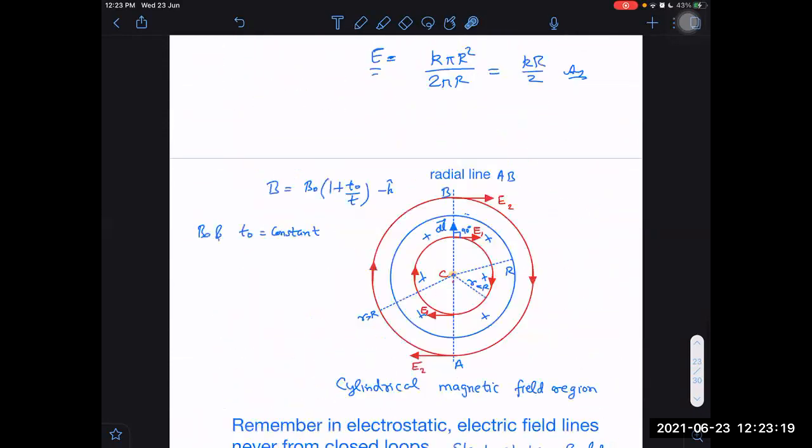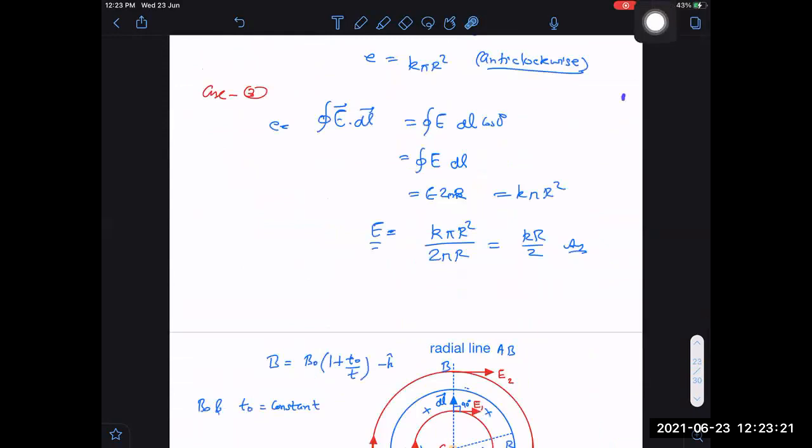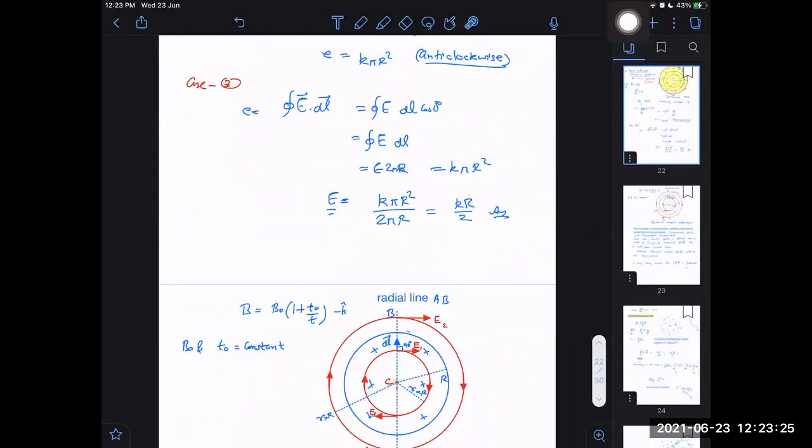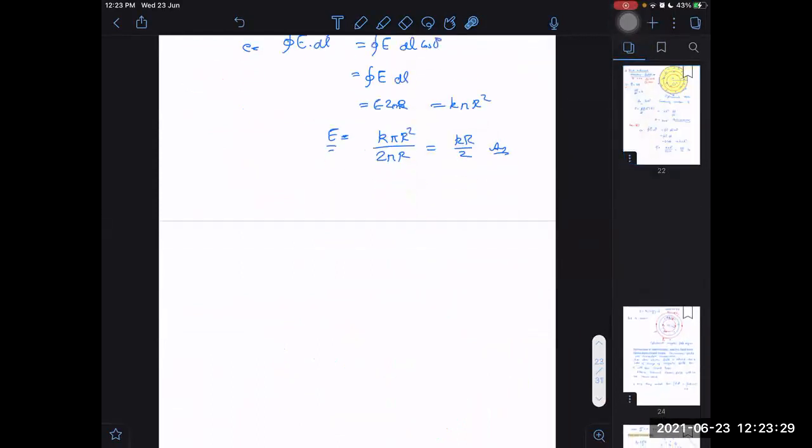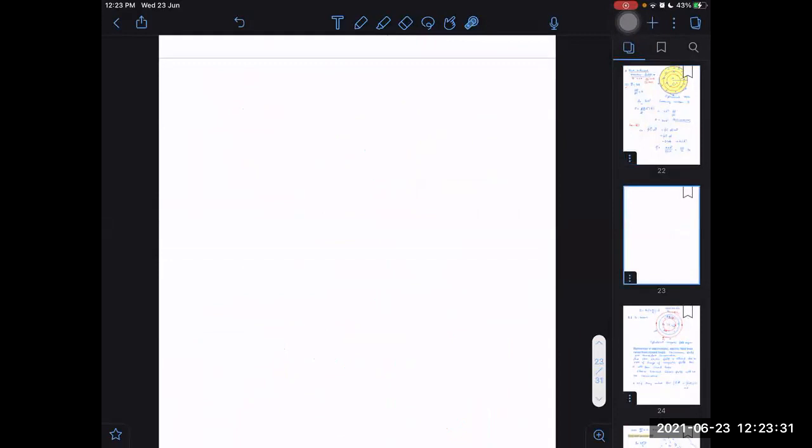I should have derived. Okay, no problem, I will derive it now. It is important, you should know how to derive. Let us derive how the induced electric field varies in different regions, inside and outside.